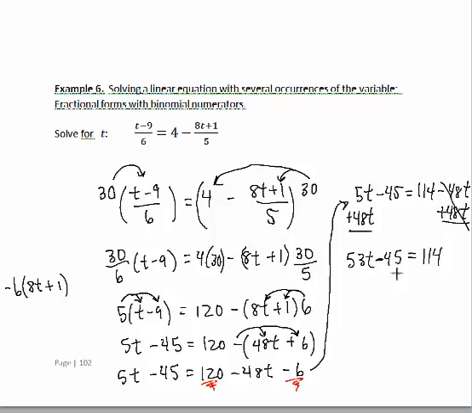This is subtract 45. So here we are at a two-step equation. To solve it, we add 45 to both sides. 45 plus 114, 159.